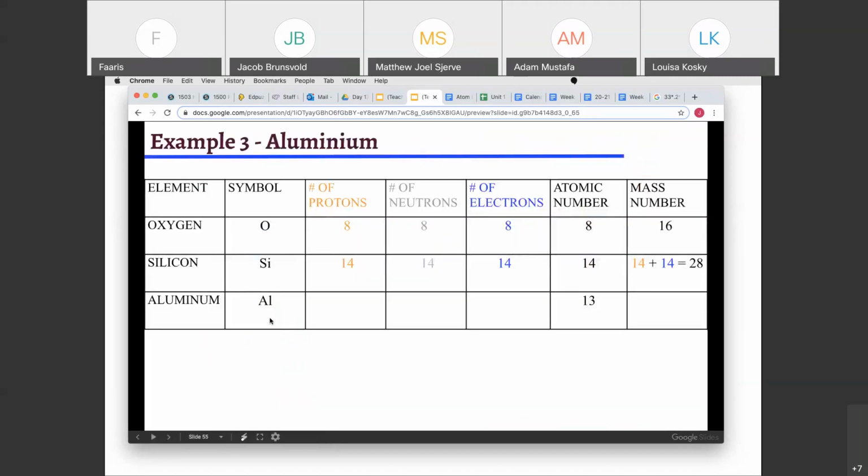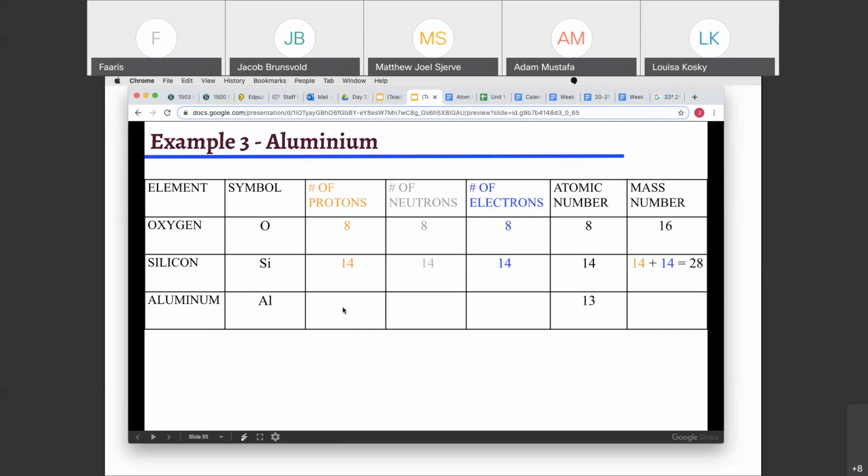Okay. How many protons does aluminum have? Louisa guesses 13. Myra says 13. Elijah guesses 13. Ferris says 13. Matthew 13.